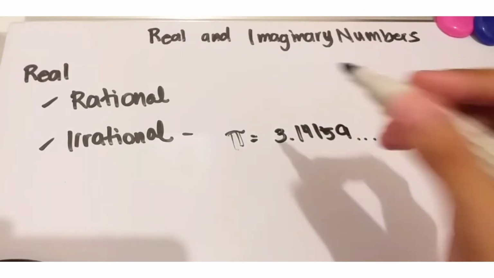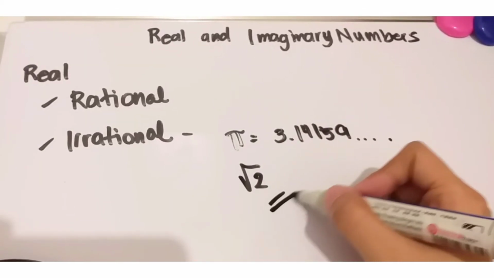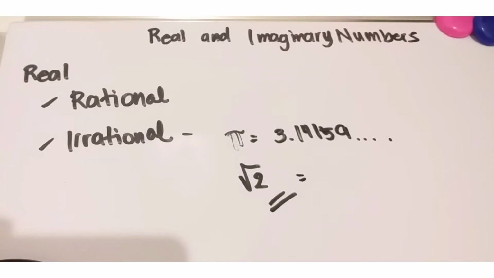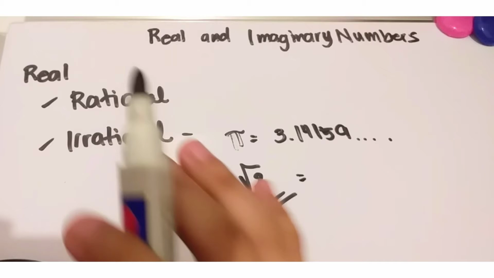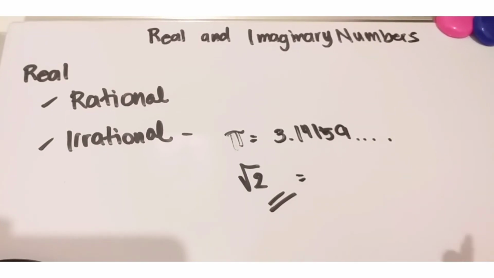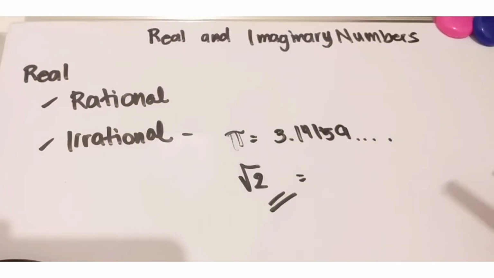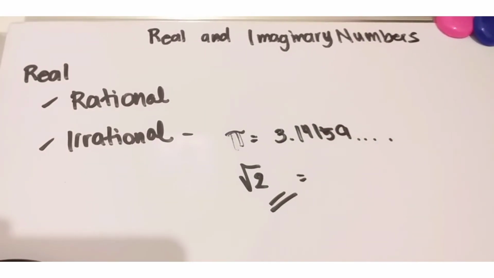Another example of an irrational number is the square root of 2. So if we're going to input that in a calculator, it is just equivalent to a number that goes on, that doesn't have any pattern. So that is the difference between the rational and irrational numbers.